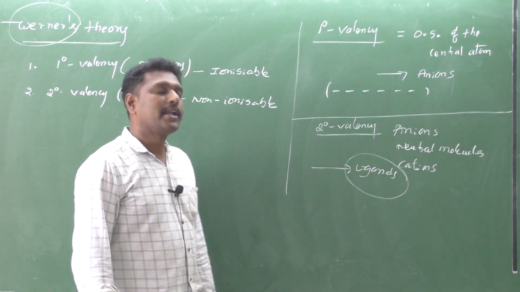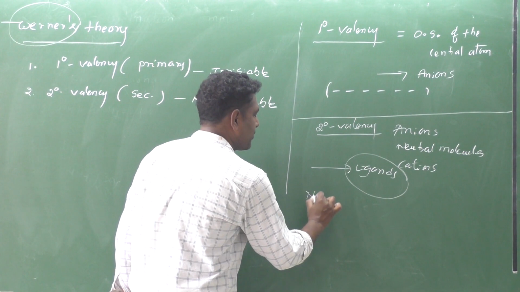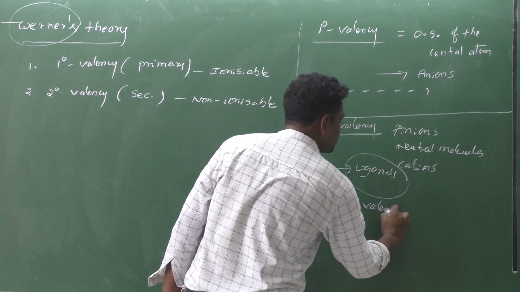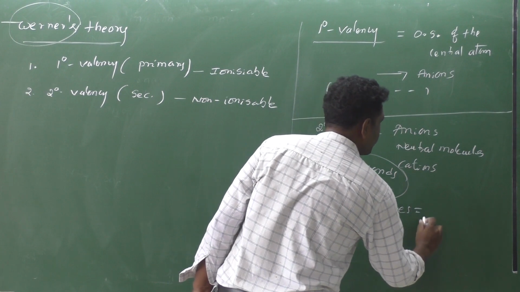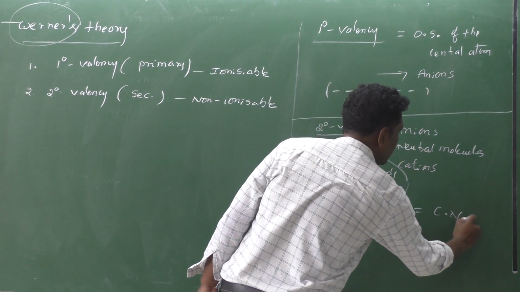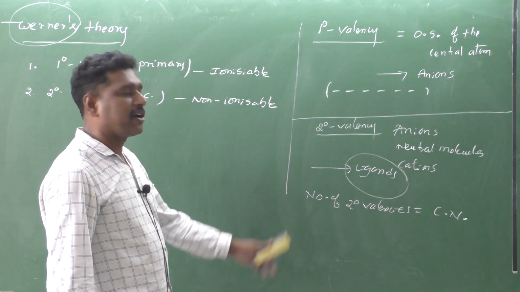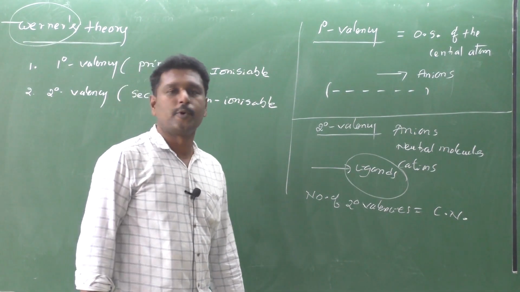After that, the number of 2 degree valencies is equal to the coordination number of that element, that is, of that complex compound.